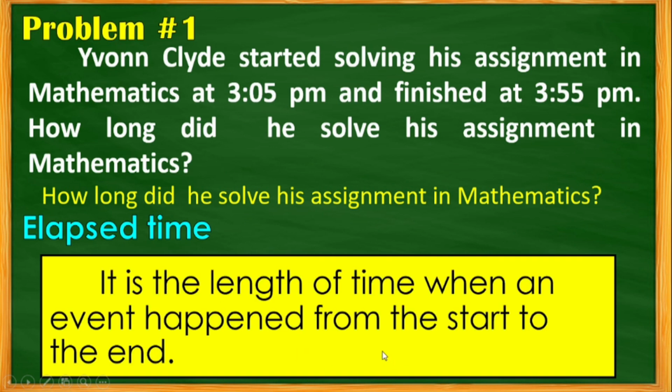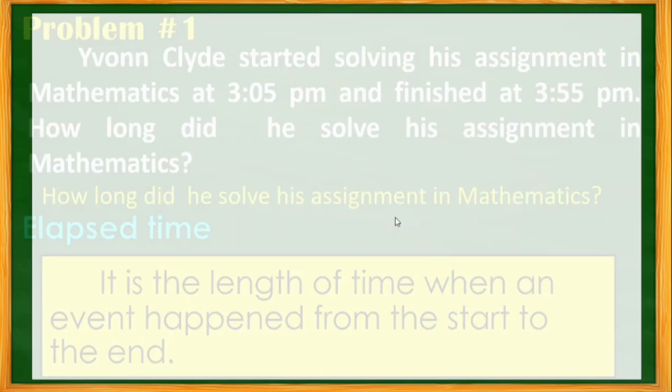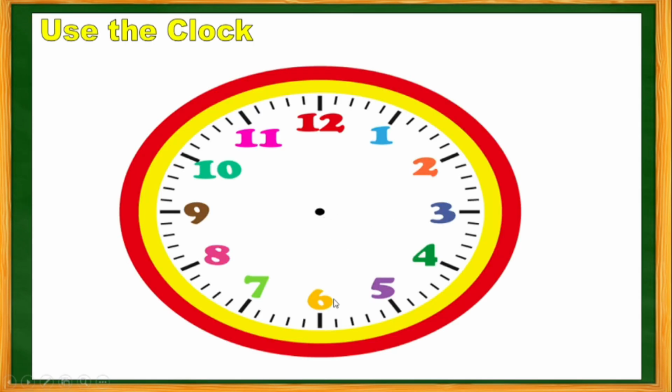Elapsed time is the length of time when an event happened from the start to the end. So let's use a clock. Let's assume he started from 3:05.